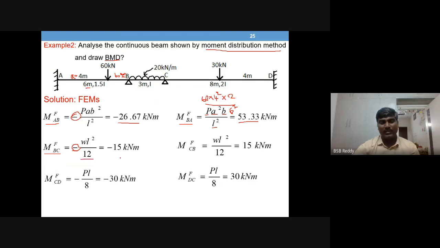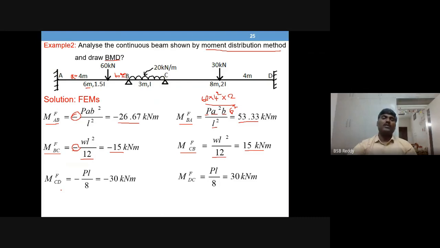So 20 into 3 square divided by 12, that comes to be minus 15. Similarly, the fixed end moment at C is positive, with the same formula because of symmetry. The fixed end moment at C is also the same but with a different sign. So WL square by 12.